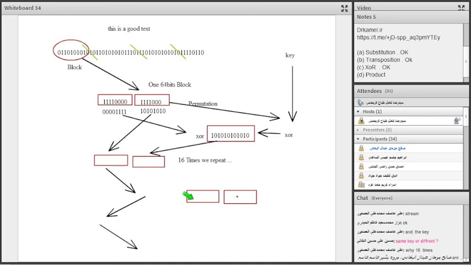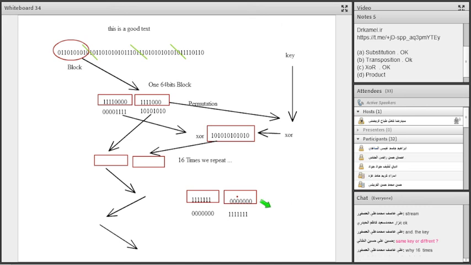We divide the block into left and right. We take the left, XOR with this one, and then put it on the right, and we take the right and put it on the left. So right goes to the left, again to the right, and again to the left, and each time you change the value of the bits.